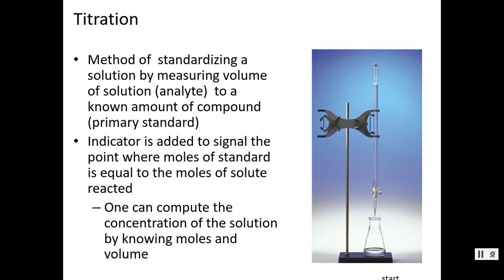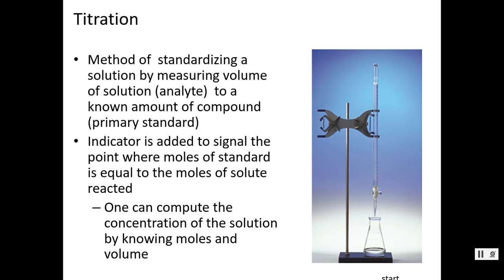And if you go on to take analytical chemistry, titration is a fancy word to specify the method of determining or standardizing a solution, specifically its concentration, by measuring the volume of solution in comparison to a known amount of compound.